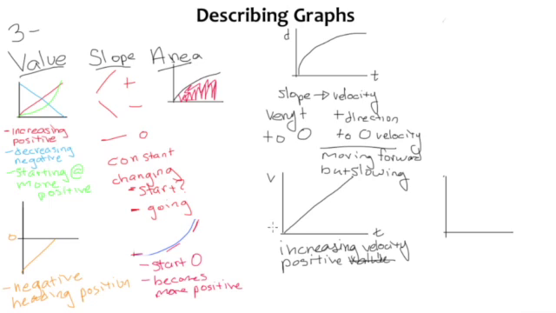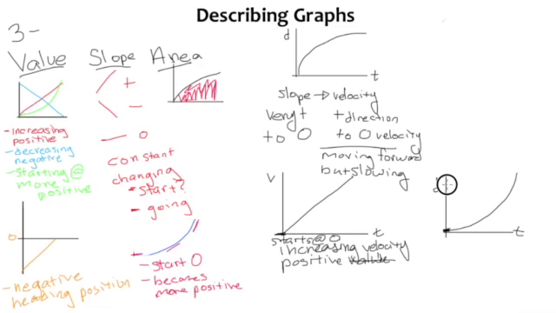Also, we could say the value here started at 0. So my slope needs to start at 0 for my displacement graph here. And so now my slope needs to be increasing and positive.